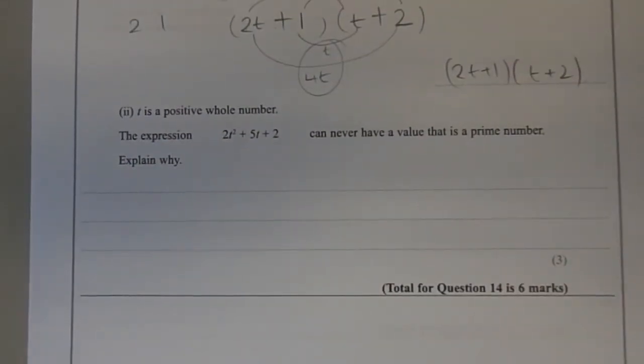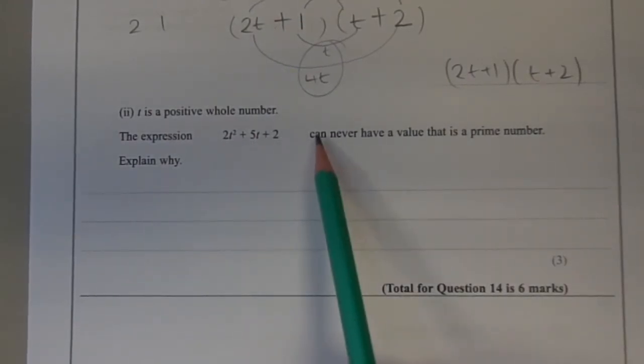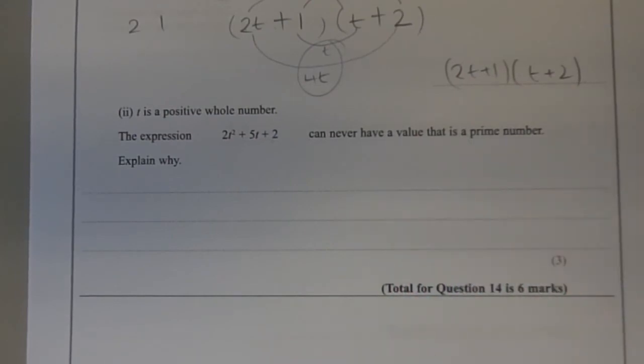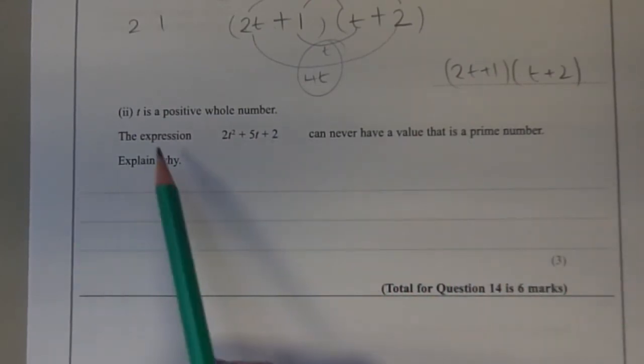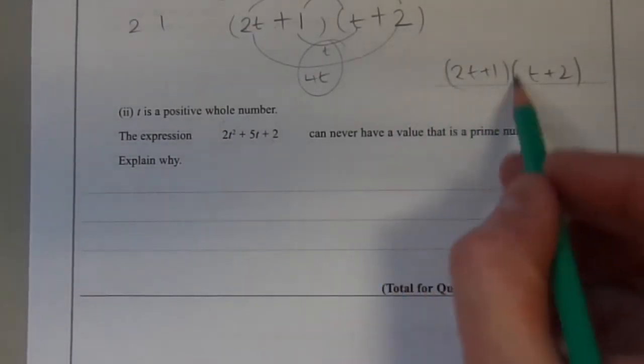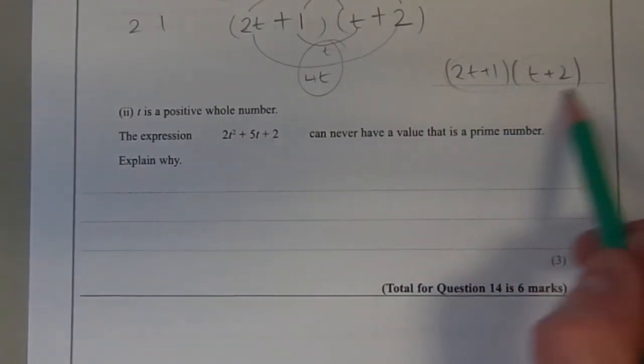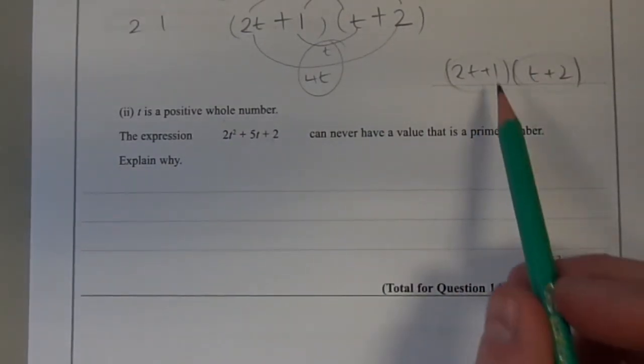Finally, t is a positive whole number. The expression that we've just factorised can never have a value that is a prime number. Explain why. Well, if t is a positive whole number, then it means this is a positive whole number, and it also means that this is a positive whole number.